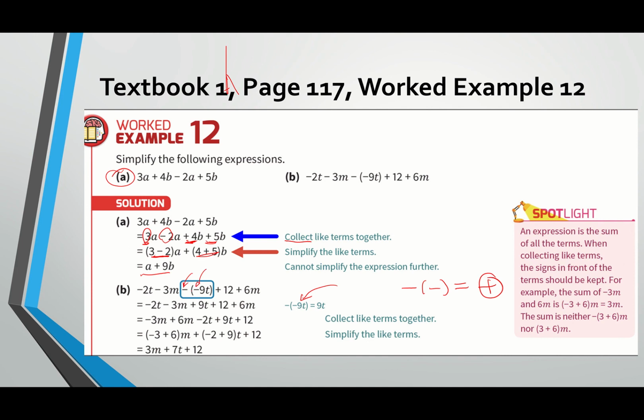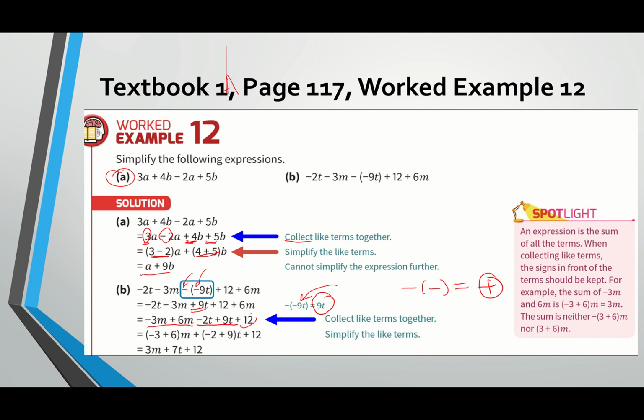When you multiply negative and negative, you get a positive 90. So that's why we have changed the negative 90 to a positive 90. Once we have this, we can collect the like terms together, so we put all the m's together, and we put the t's together here.